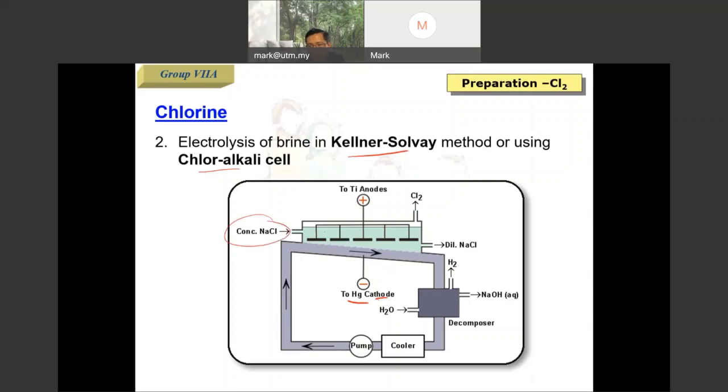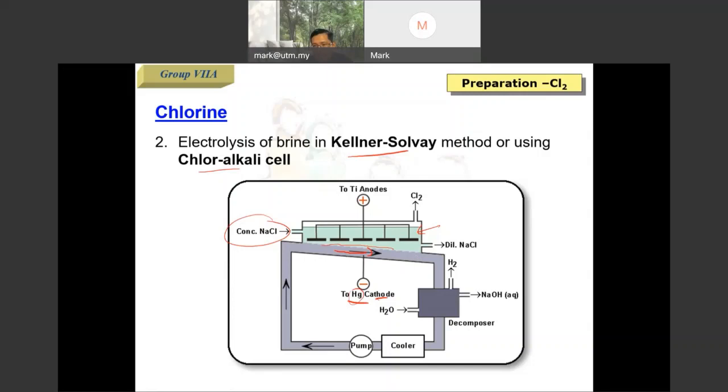As you can see here, concentrated sodium chloride is introduced into the chamber where the oxidation takes place. At the surface of the cathode, the reduction takes place. The sodium ion will flow into the chamber where the cathode is, and it will form an amalgam with the mercury.